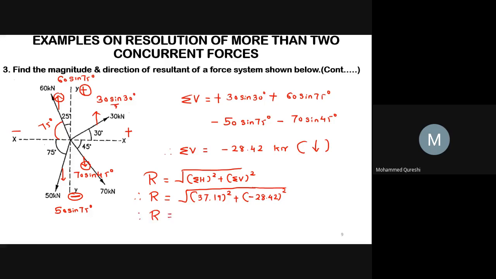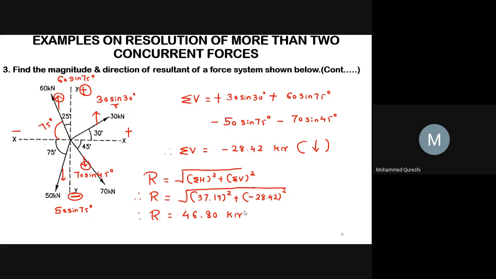Therefore R will be 46.80 kilo Newton. So here we had calculated the value of resultant force as 46.80 kilo Newton.